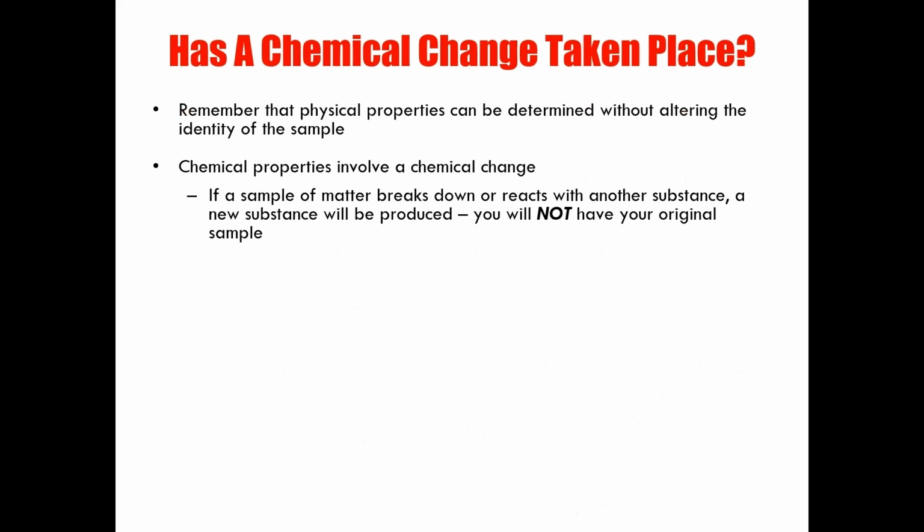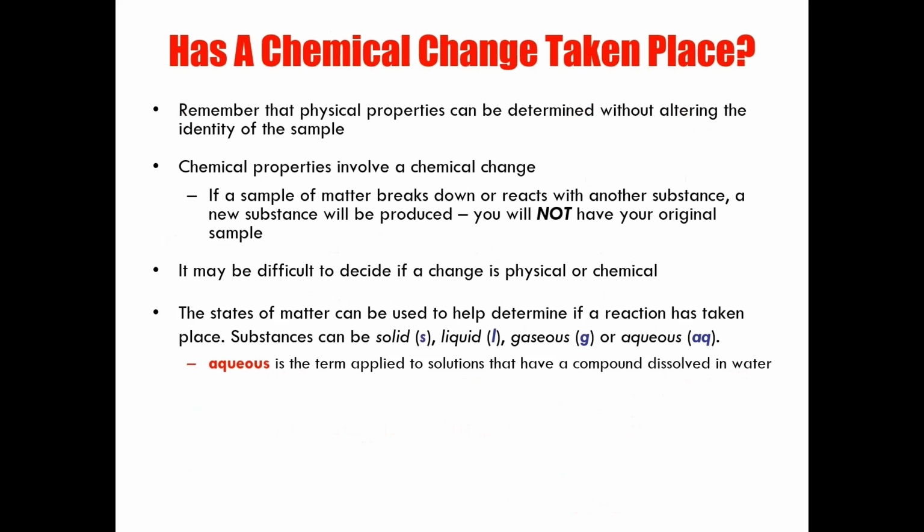If a sample of matter breaks down or reacts with another substance, a new substance will be produced. And because of that, you will have no more of your original substance remaining. It may be very difficult to determine if a change is physical or chemical. The states of matter can be used to help determine if a reaction has taken place.